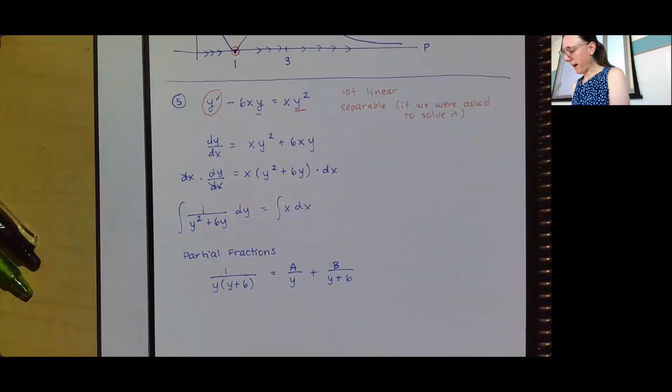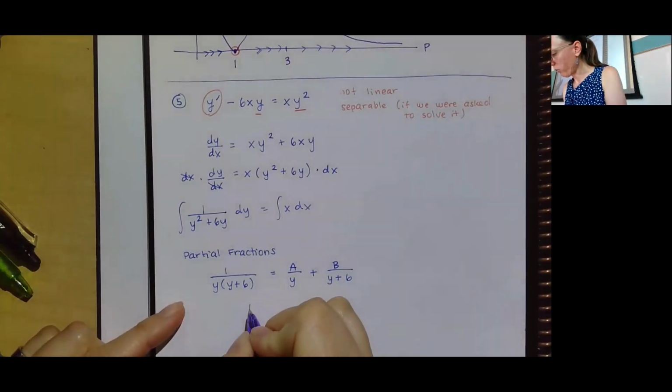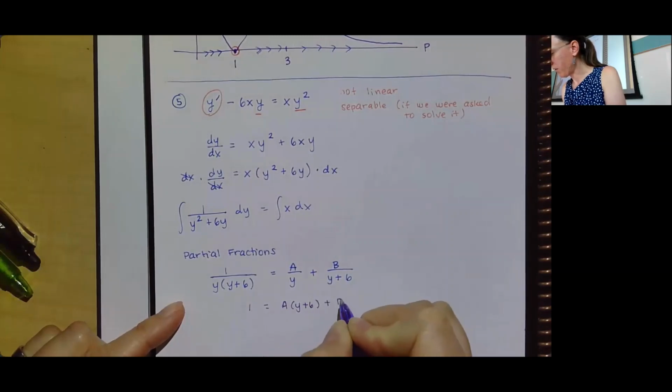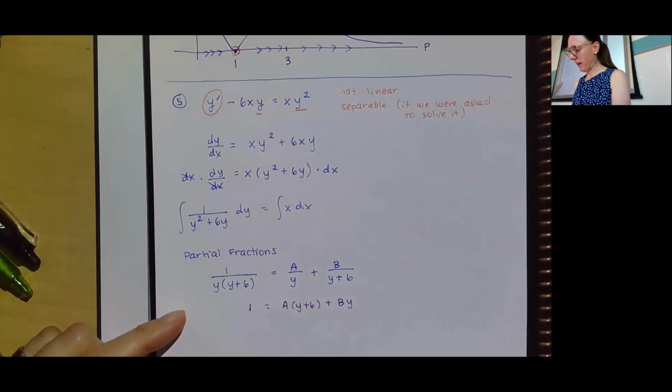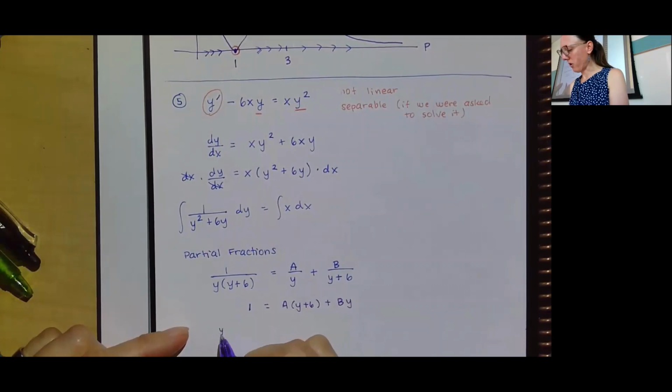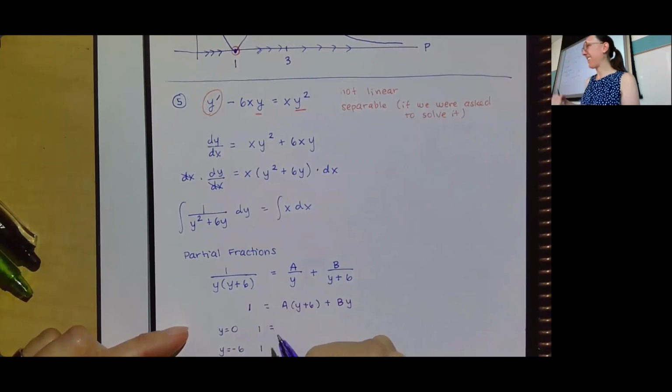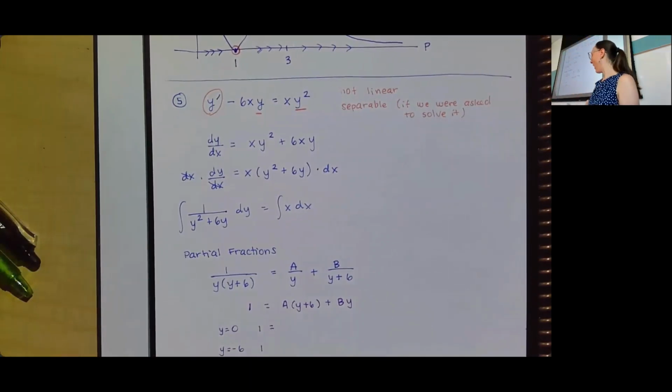So on the partial fractions, if I multiply through, I'll have a times y plus 6 plus b y. And it looks like our nice numbers to plug in are 0 and -6. For both of those, there's nothing to plug in on the left-hand side. I just have a 1.